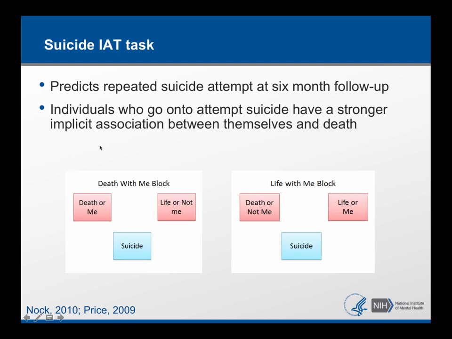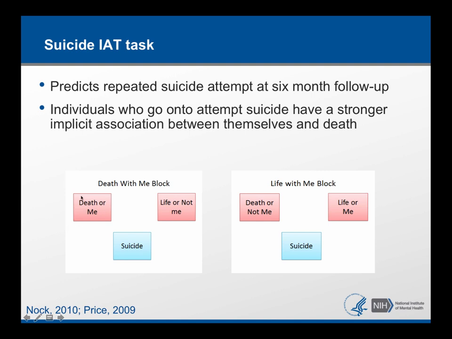For example, in the suicide IAT, we're asking subjects to categorize death and life words and me and not me words. The death and life words might be things like death, dying, life, birth. And then the me or not me words would be things like my, our, your, their.